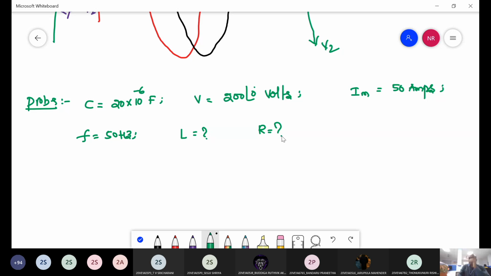Here the maximum value is given. In an AC circuit, we know that I is equal to V by Z. Here IRMS is equal to VRMS by Z. The voltage 200 volts is given. Is this the maximum value, RMS value or instantaneous value?